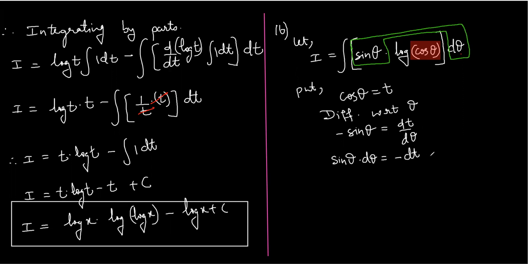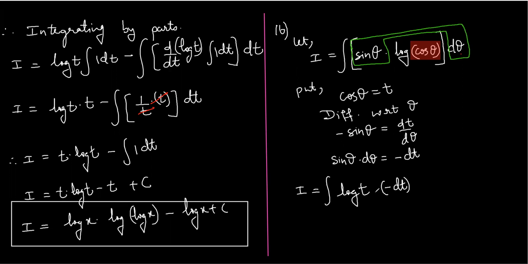I shift this negative sign here. So the new integral after substitution, with everything in t, becomes log of t, as we are writing cos theta as t, and for sine theta d theta you write minus dt.